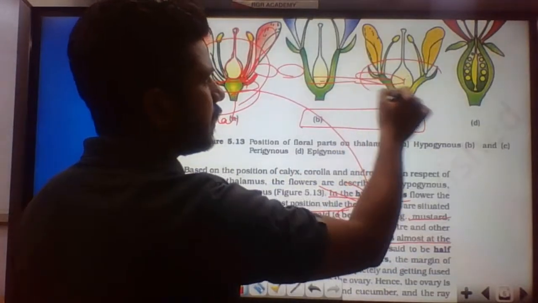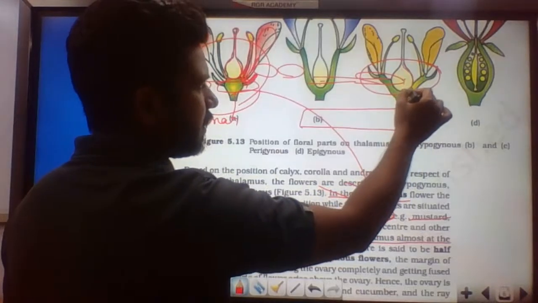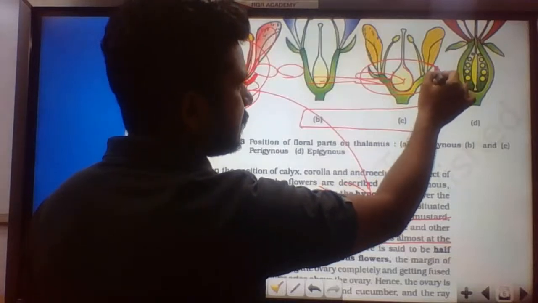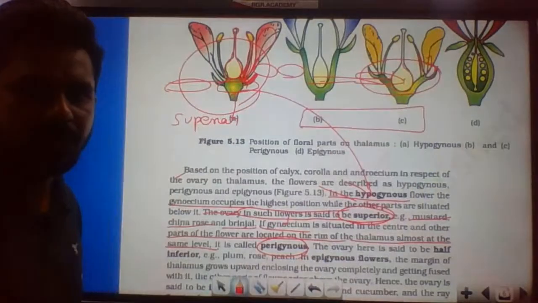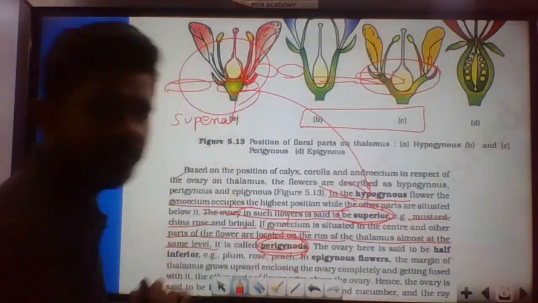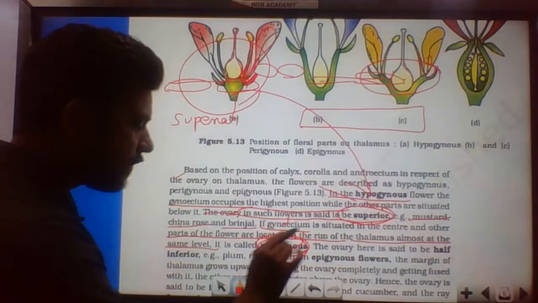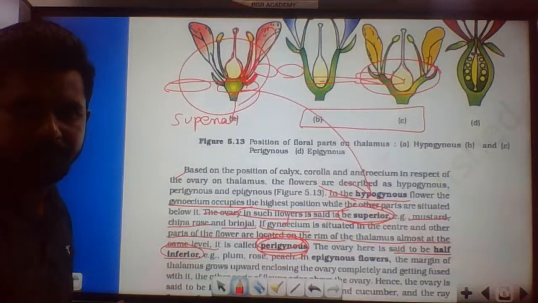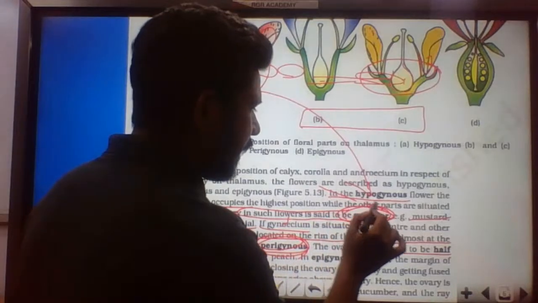Take this one. See, this is the gynoecium. At the same level you also find sepals, petals and gynoecium. So this type of flower is known as a perigynous flower. The ovary of these flowers is said to be of inferior type. So this is the superior one.